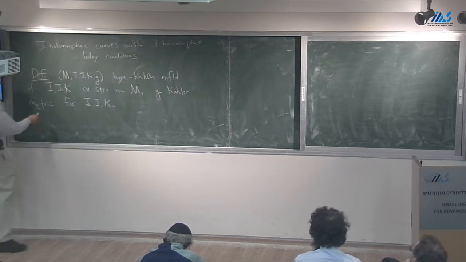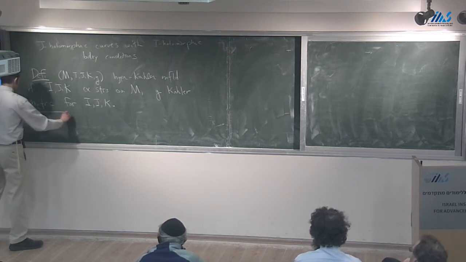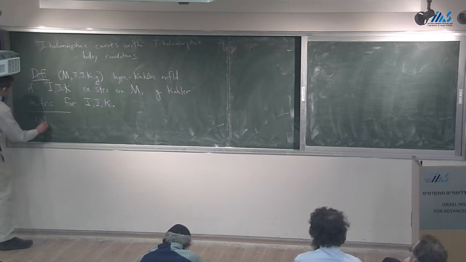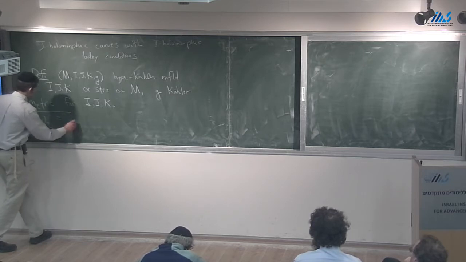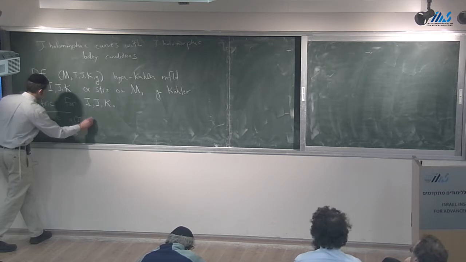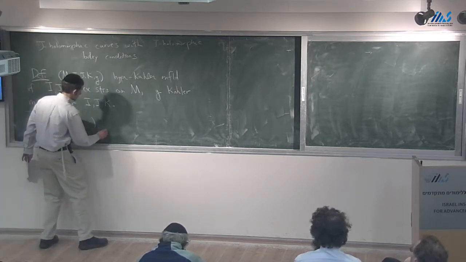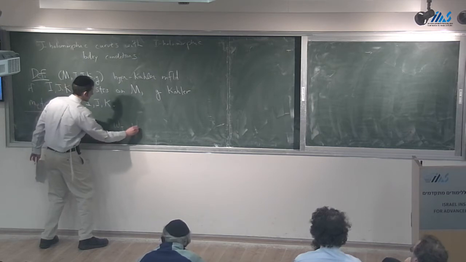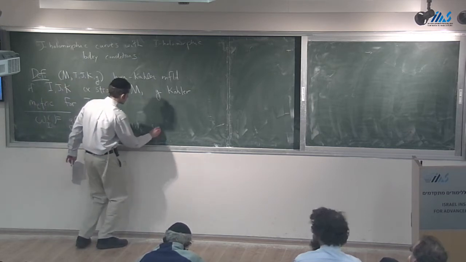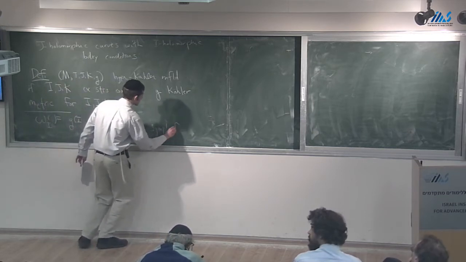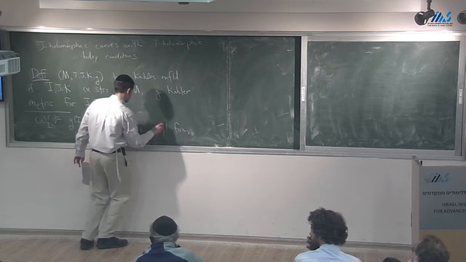In this case, we immediately get omega_I is g of I, say. So this is going to be a symplectic form, and similarly omega_J, omega_K, real symplectic forms.